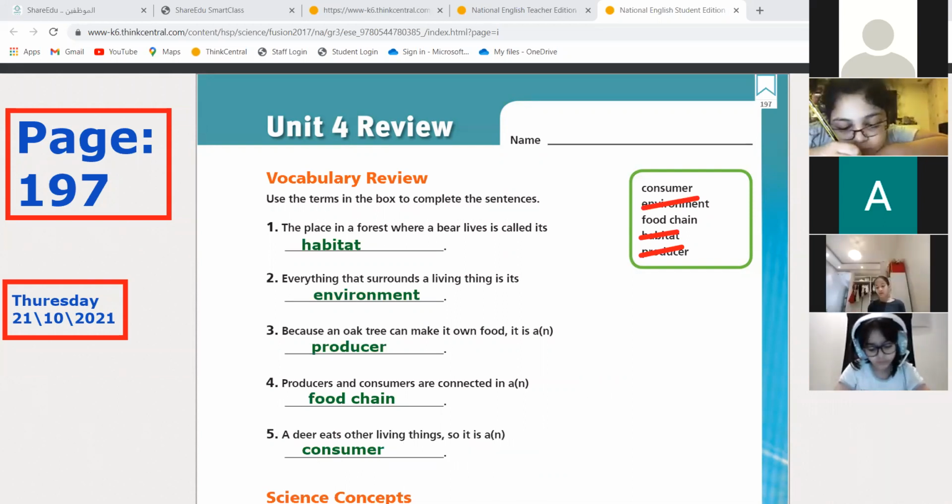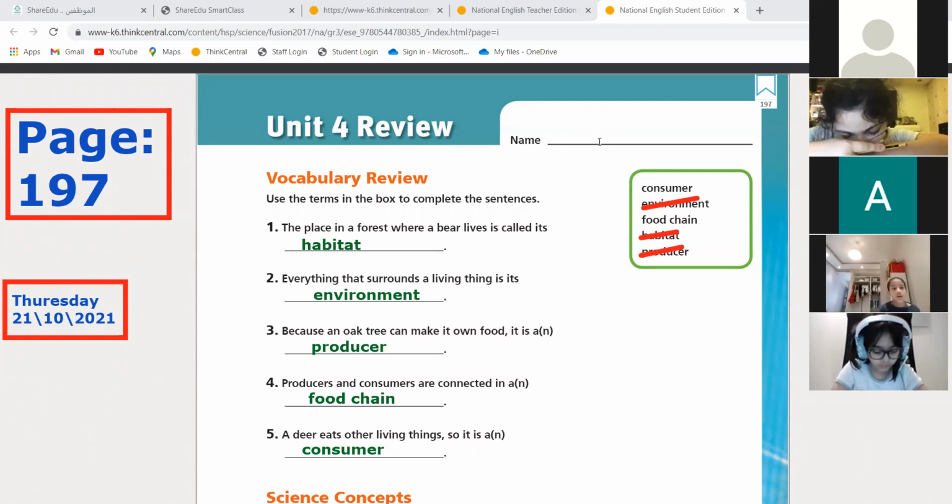It's fine. Lamar Abdulaziz, let me ask you something. Do you know decomposers? We have living things in a group called decomposers. Can you explain to me what is a decomposer?